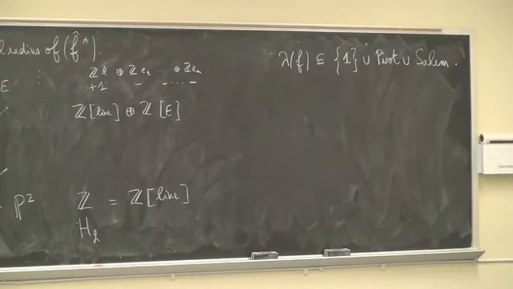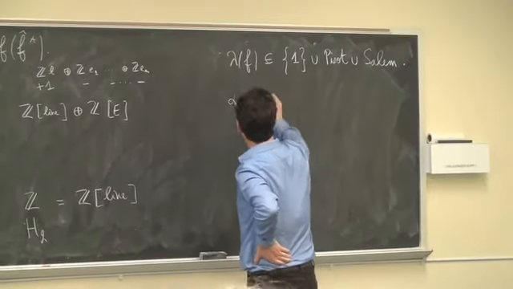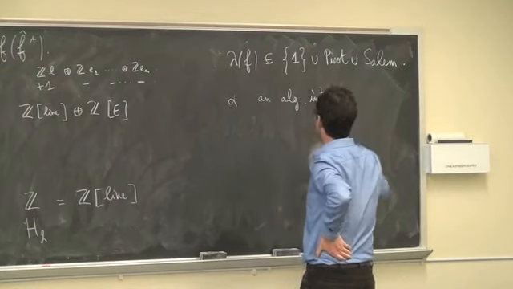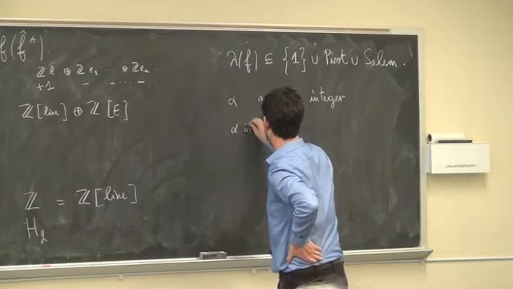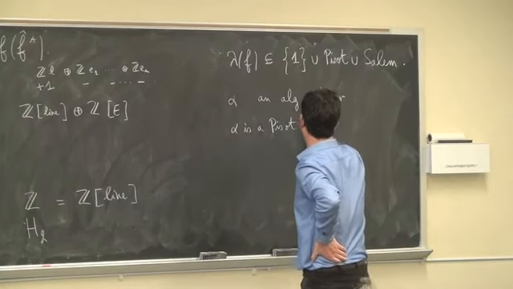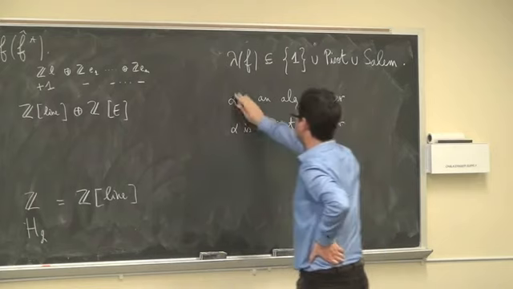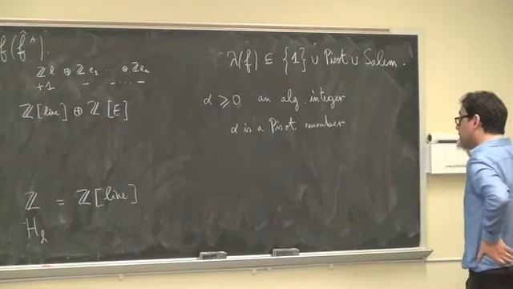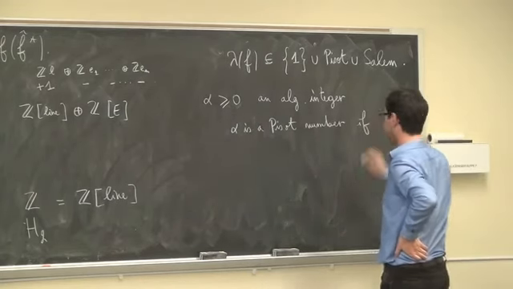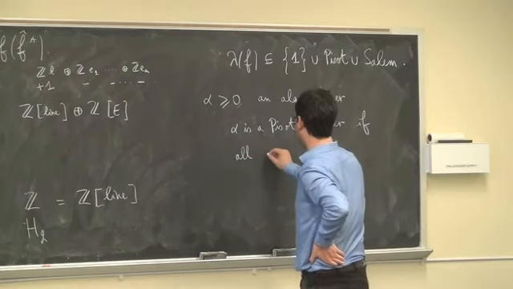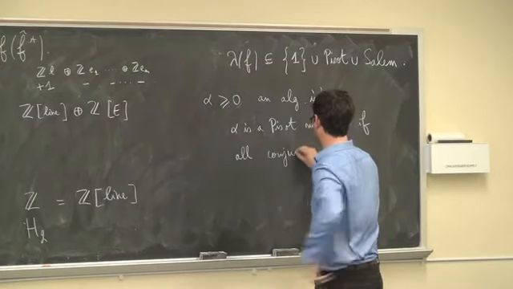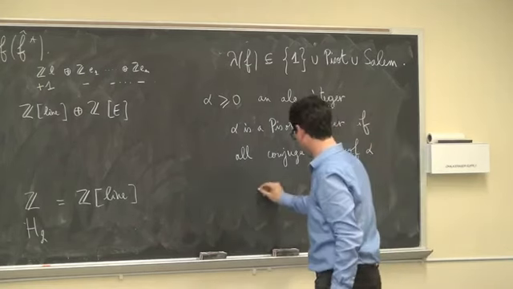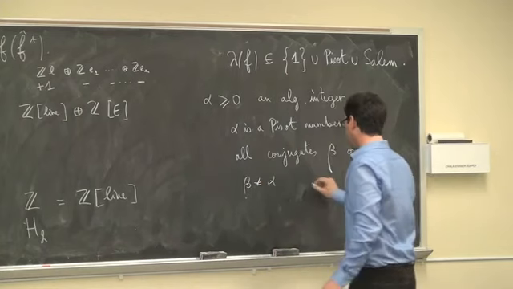Okay, so let me recall what Pisot and Salem numbers are. So you take alpha an algebraic integer. So alpha is a Pisot number. So assume from the beginning that alpha is real and positive. Alpha is a Pisot number if all Galois conjugates beta of alpha, which are different from alpha, are in the unit disc.